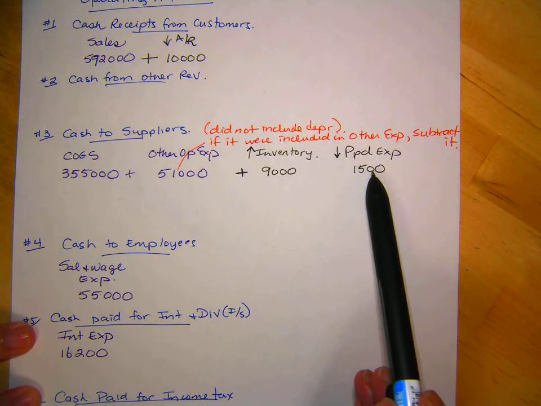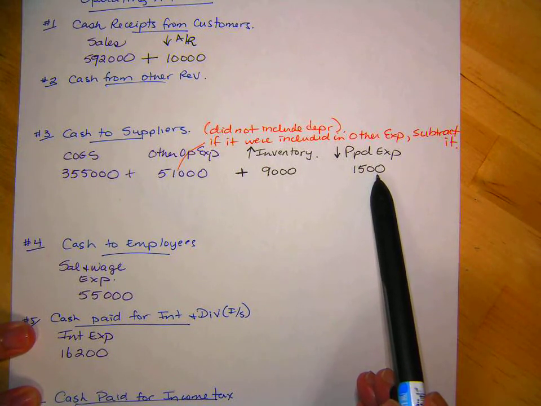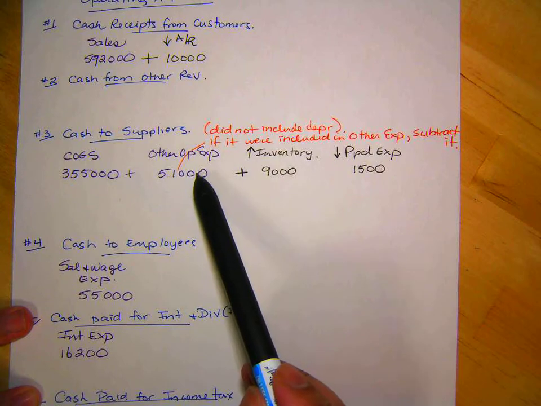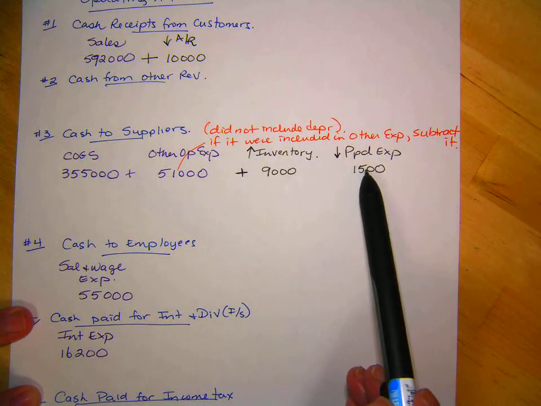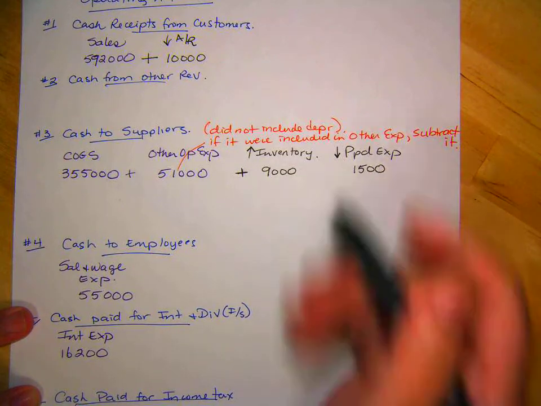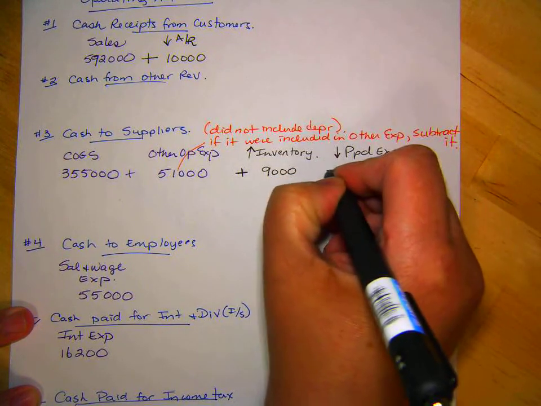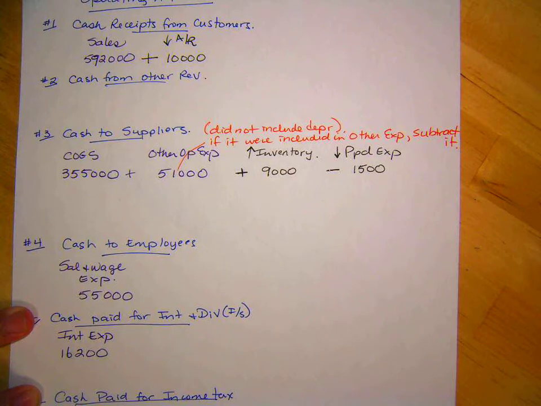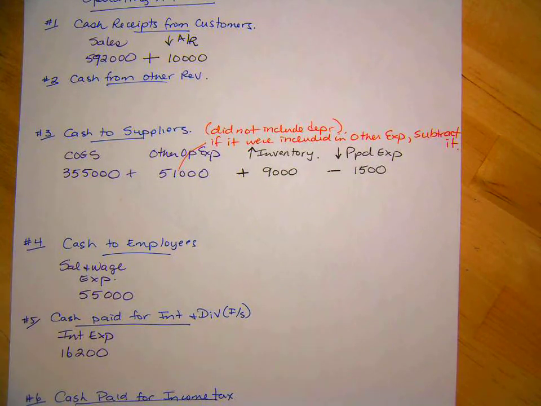So that means cash didn't go out. We just had an expense. We would have debited an expense, credited prepaid. So that wasn't actually cash going out, so we have to subtract it. And check it off so that you know you've hit everything.